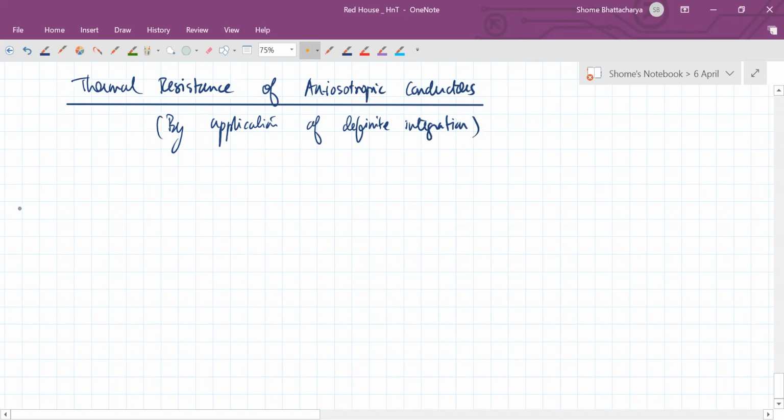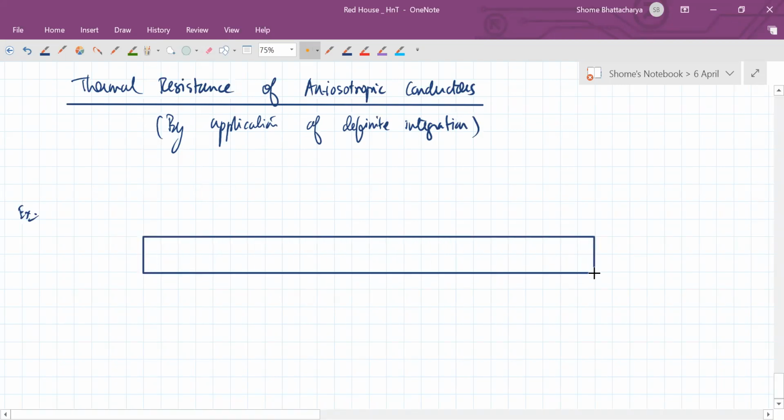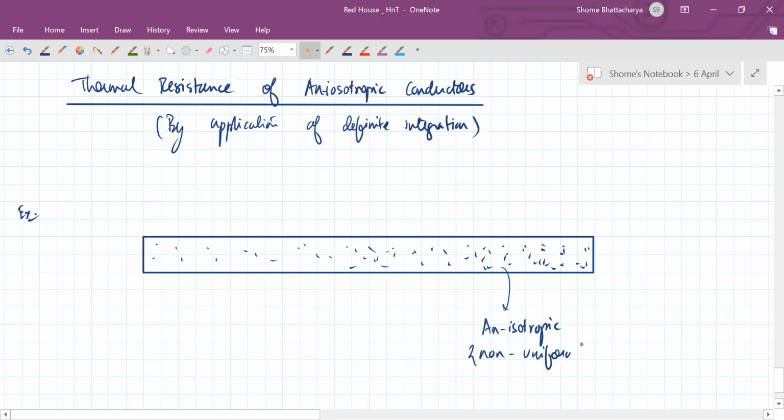Okay. So for example, suppose we have a situation where we have made a metallic rod with some kind of alloy of two metals, but the mixture of the alloys is not uniform. So it's the way the two metals are mixed in percentage composition that is not uniform everywhere. So it's an anisotropic metal rod, or that means it is non-uniform in physical properties or in material properties.